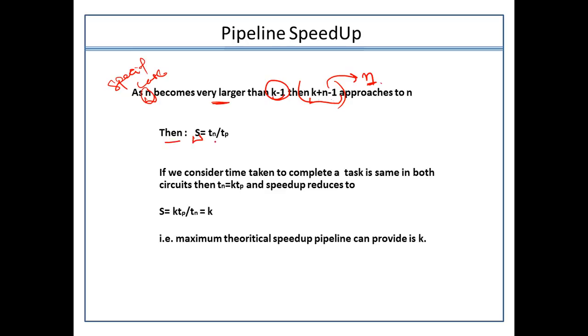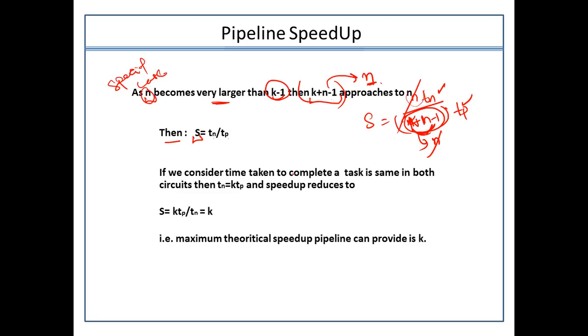The speed up value was n into Tn over k plus n minus 1 into Tp. If n, the number of jobs to be performed, is very large, this becomes approximately equal to n. So n will be cancelled, and Tn over Tp will be left.